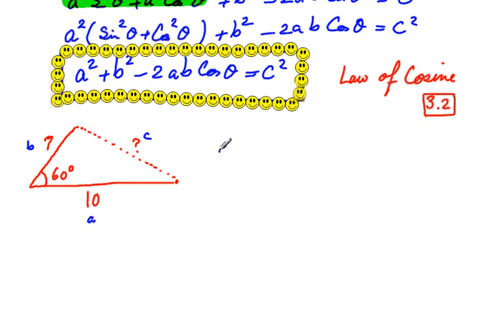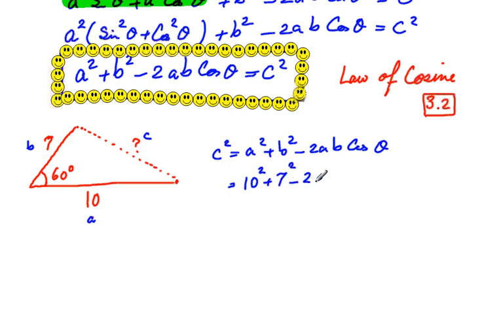What do I say? C squared is equal to A squared plus B squared minus 2AB cosine of theta. So I just go ahead and say my A is 10 miles. 10 miles squared plus 7 miles squared minus 2 times 10 times 7 times cosine of 60.